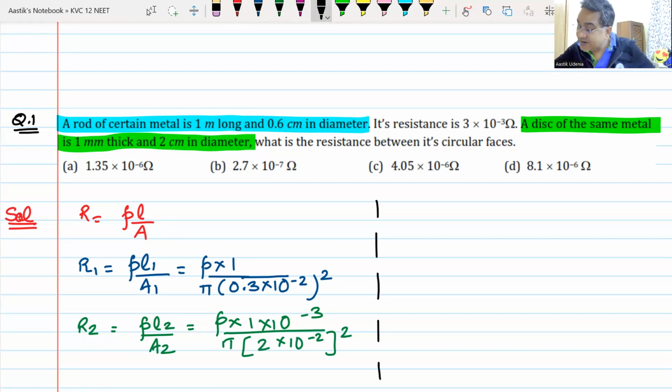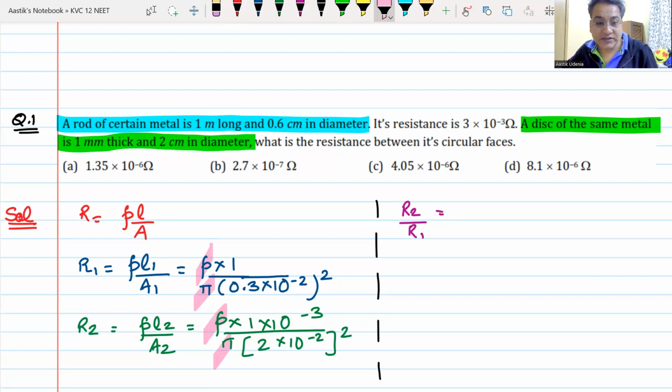Now I can divide these two, and I will get R2 divided by R1 will be equal to, rho and rho will get cancelled, pi and pi will get cancelled. Yes or no? So what you will have? R2 divided by R1. You just have to be careful in this division.